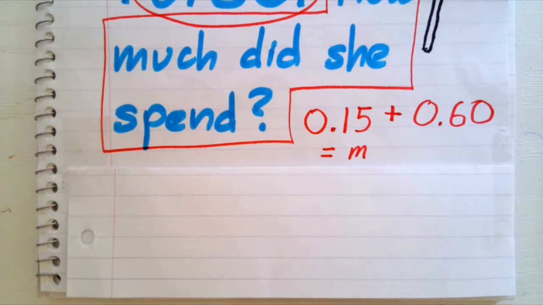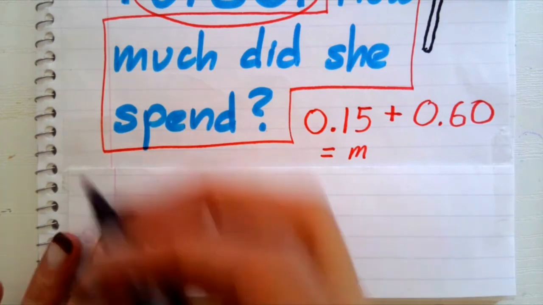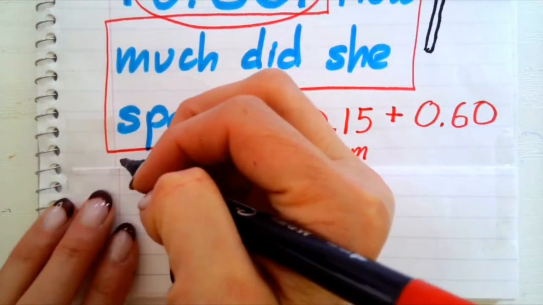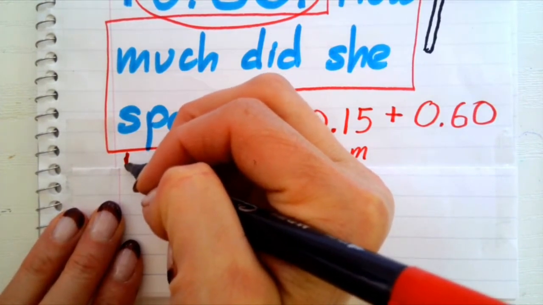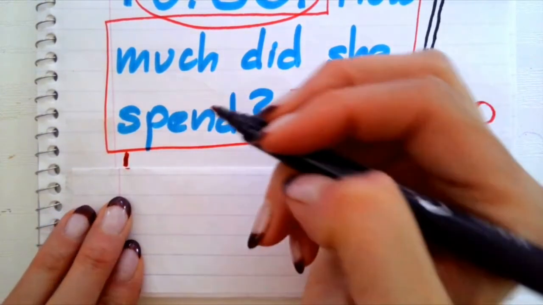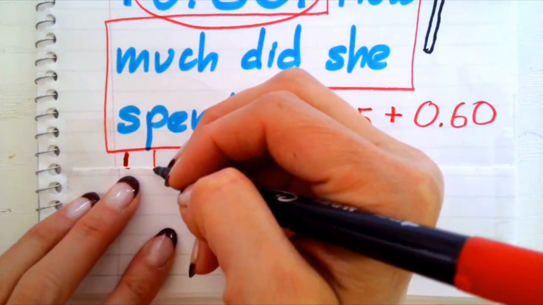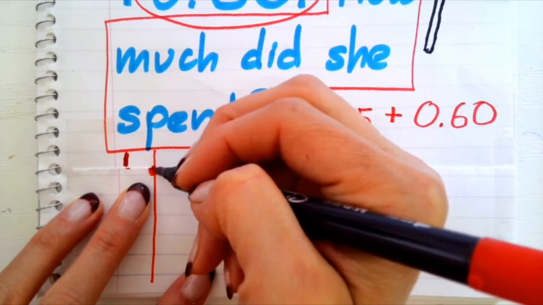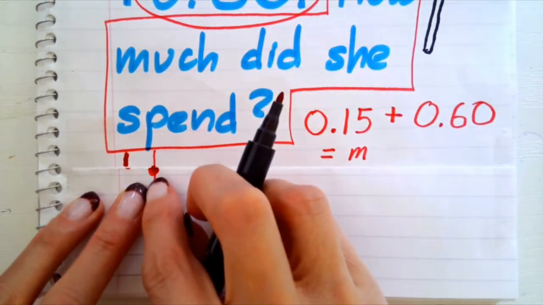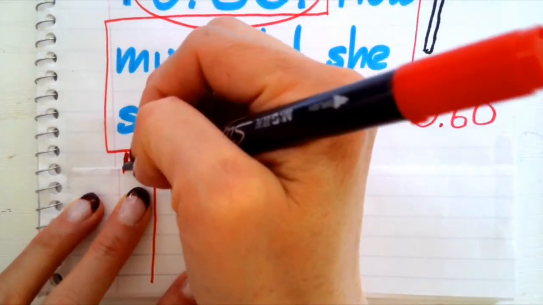Let's use a place value chart to do the math we just did on that model. Write a place value chart with me. We'll start by writing ones, put a number 1, and then a line, and we'll put a dot here because that's where the decimal point would go.